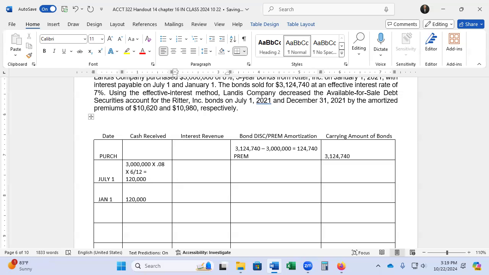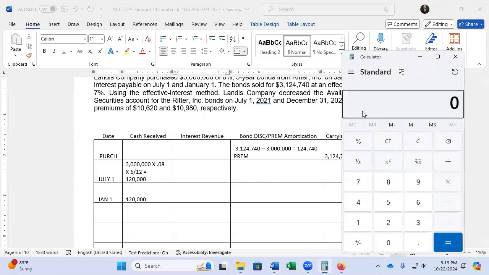Now it says the effective interest rate on this is going to be 7%.